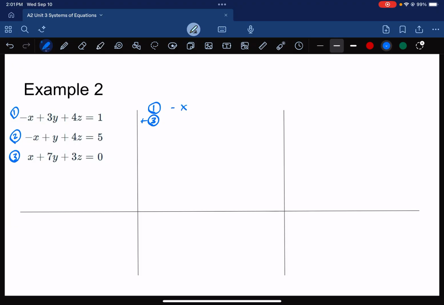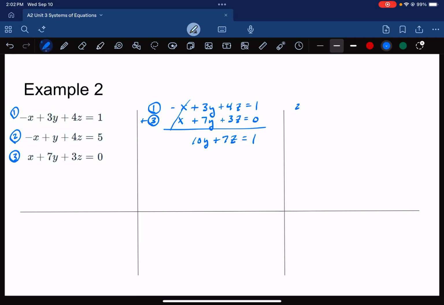So negative x plus 3y plus 4z equals 1, and 3 is x plus 7y plus 3z equals 0. Gone. 10y plus 7z equals 1.